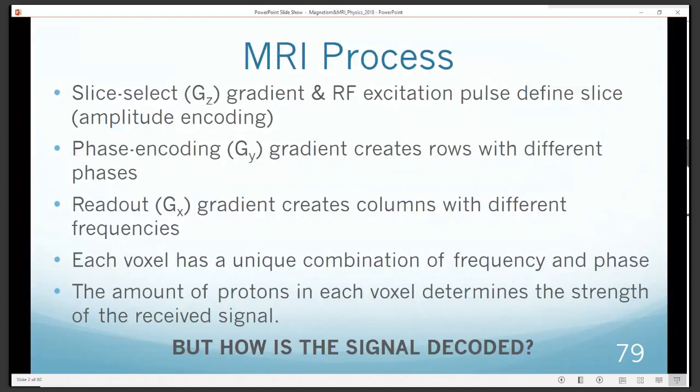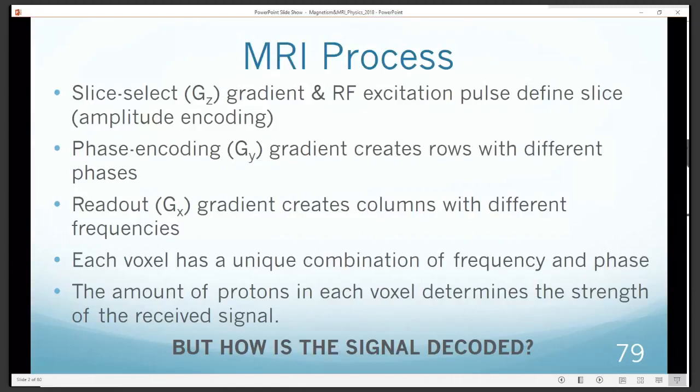The phase encoding gradient creates rows with different phases, while the readout or frequency encoding gradient creates columns with different frequencies. By being able to differentiate the phases and frequencies through our Fourier transform, we'll be able to create an image in which each voxel has a unique combination of phase and frequency. And the amount of protons in each voxel determines the strength of the received signal.